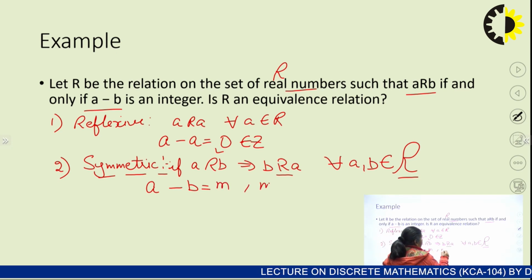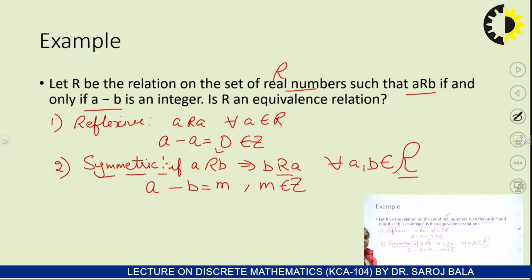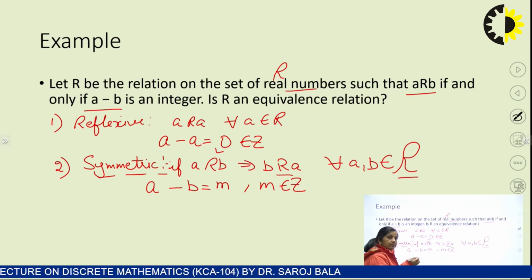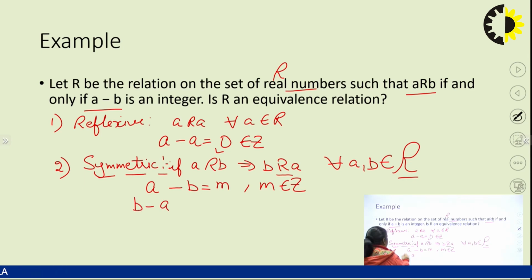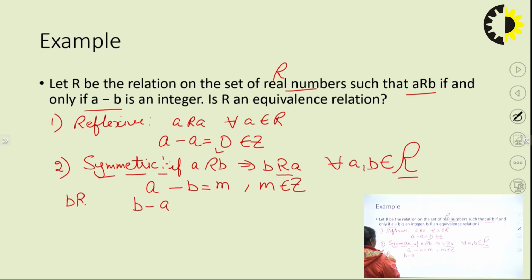That M is an integer, and A minus B is M. Now we will check whether the reverse relation is also giving us an integer or not. We can say that B is related to A if B minus A is an integer. So we are checking whether B minus A is an integer or not.